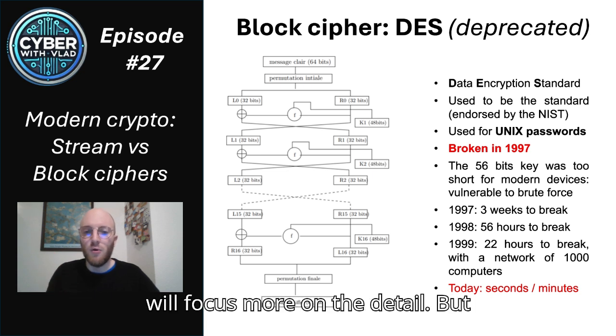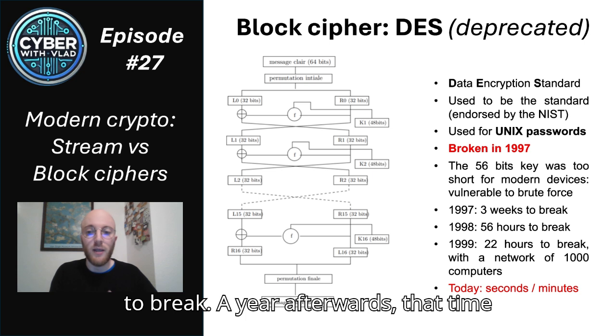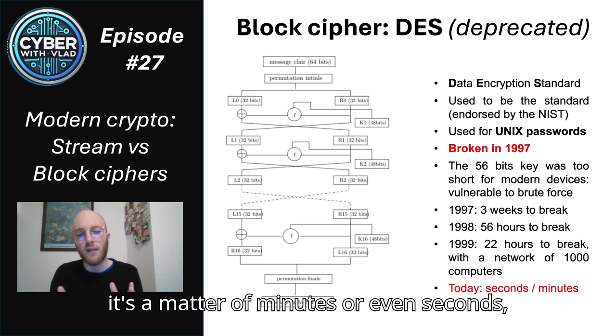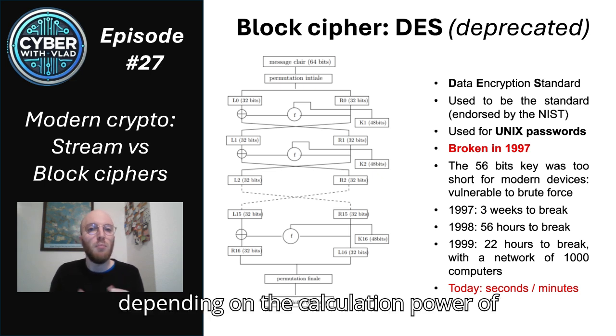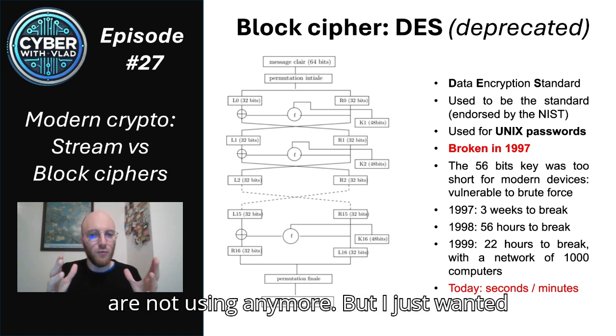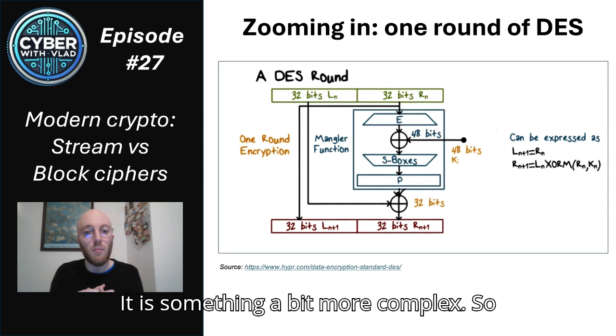In 1997, it took 3 weeks to break. A year afterwards, that time was reduced to 56 hours, and nowadays it's a matter of minutes or even seconds, depending on the calculation power of your modern device. Which is why we are not using DES anymore, but I just wanted to show you what it looks like in practice. So it's not just an XOR operation, it is something a bit more complex.